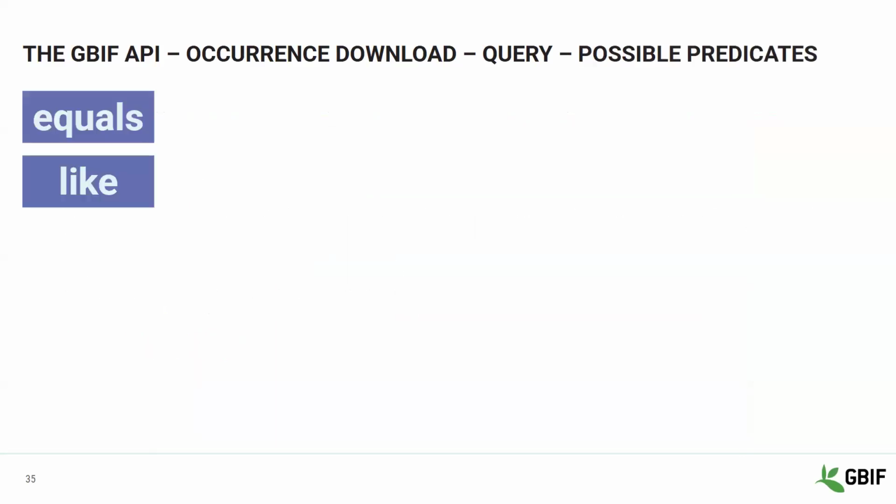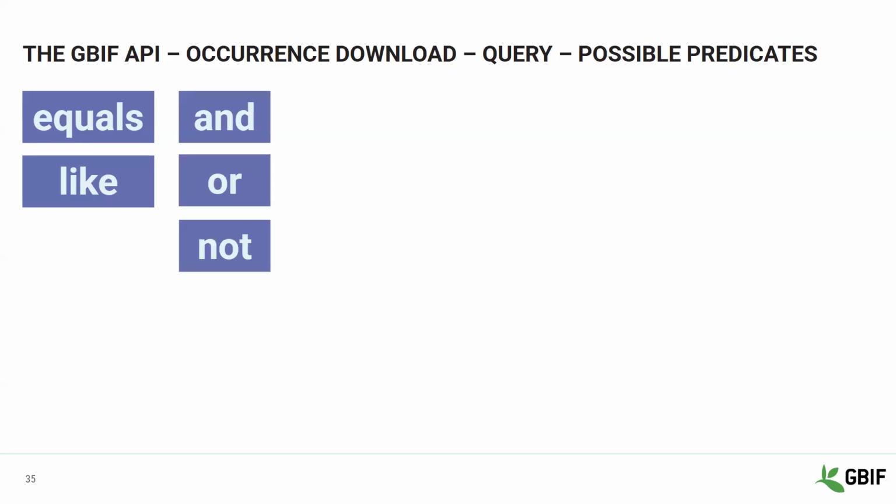So what are the different kinds of predicates? We can use predicates like equals and like. So this is equal to that, or this is like that, which is like a wildcard search. You can obviously use and, or to build upon more predicates. You can also use not if you want to say not this, not that. You can use in and give a list of things.